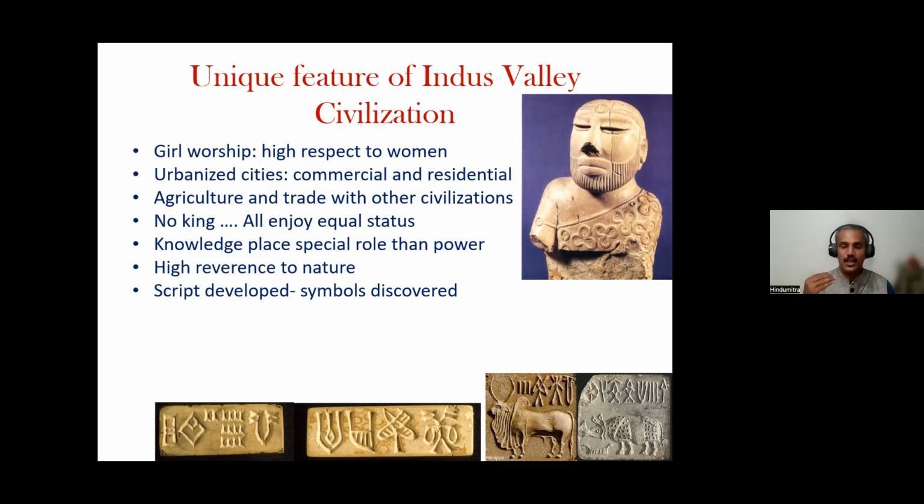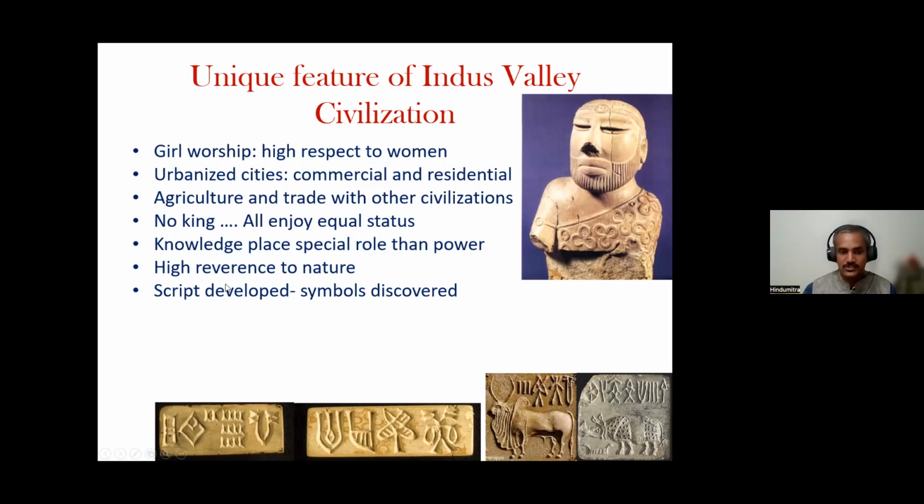The lions used to be butchered, and it was considered a trait of a ferocious king. No such evidences are found in the Indus Valley civilization, so it has been believed that they gave very high regard to nature.